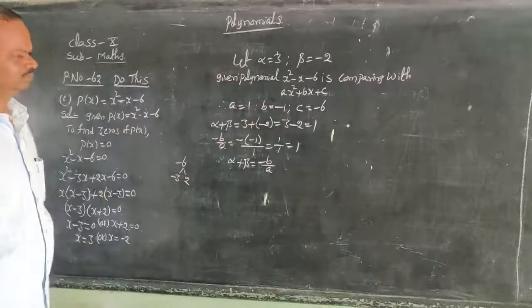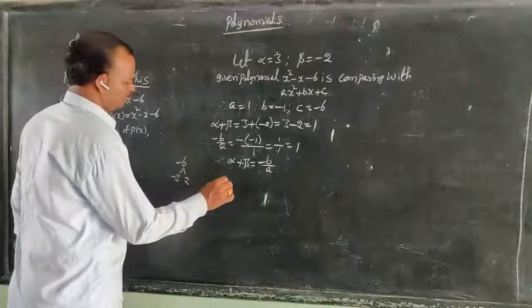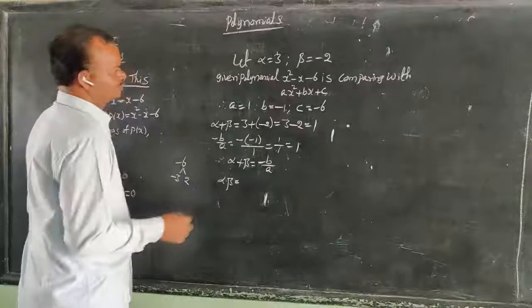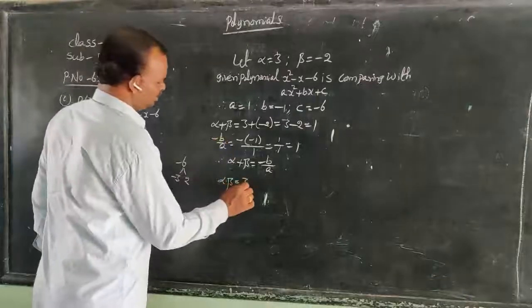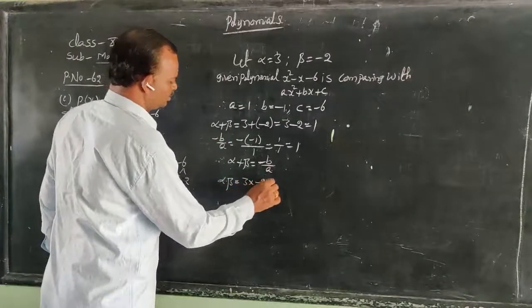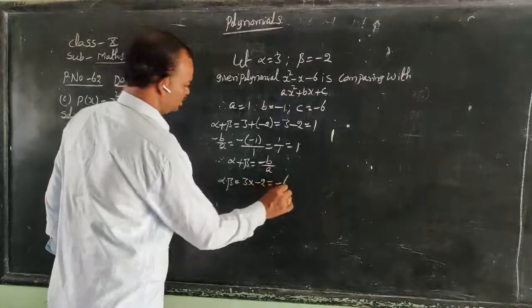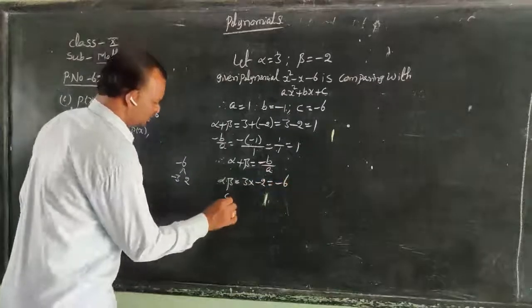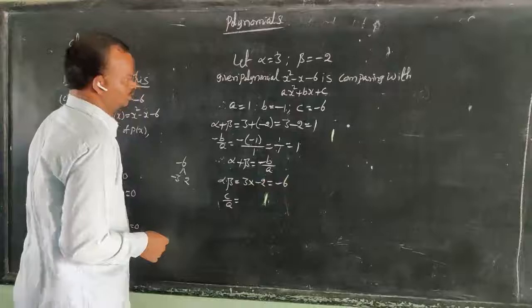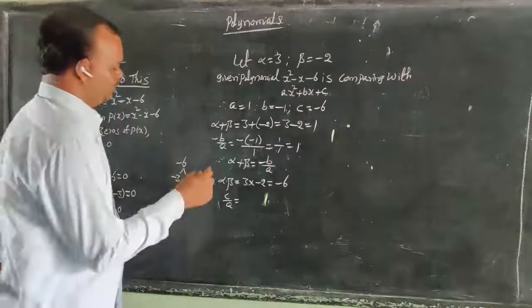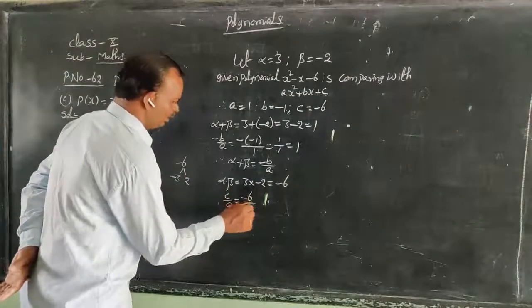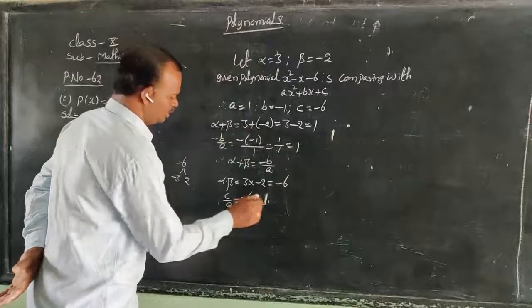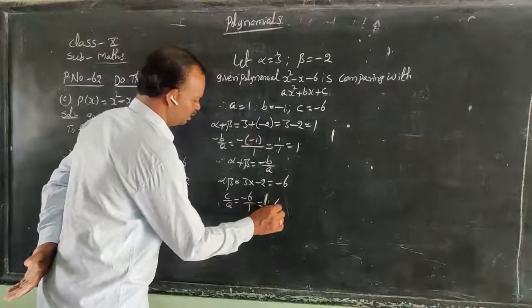Next, alpha into beta is equal to 3 into minus 2, which is minus 6. C by a: c means minus 6, by a, and a means 1, so minus 6 by 1 is equal to minus 6.